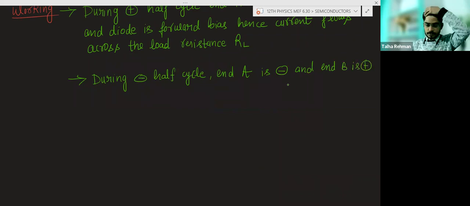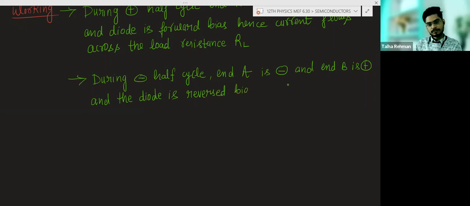Positive. And the diode is reverse biased. No current flows through the diode, and no output is obtained.